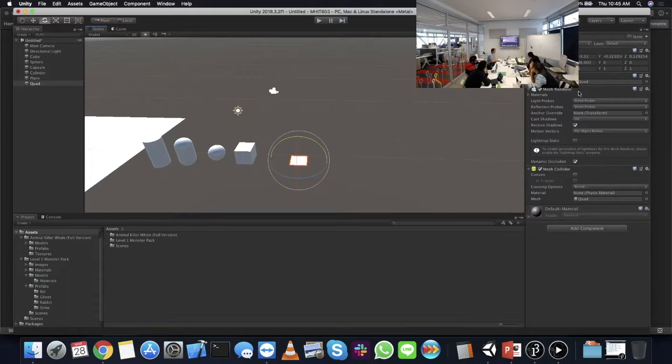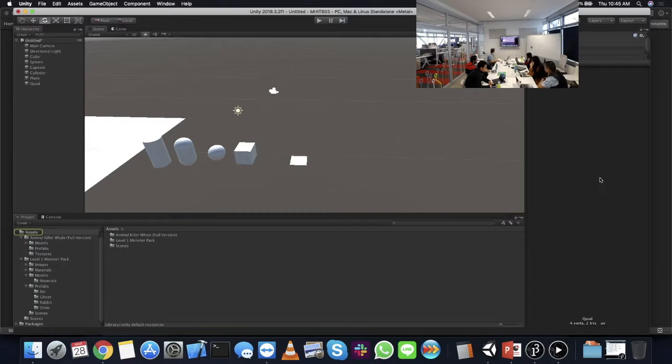So I mentioned the mesh renderer, and that's responsible for basically drawing it. But there's also this mesh filter, and this mesh filter will contain the mesh that is getting drawn. So in this case, we can see this quad mesh filter has a mesh called quad, and if I double click on that, I can actually see what this quad looks like.